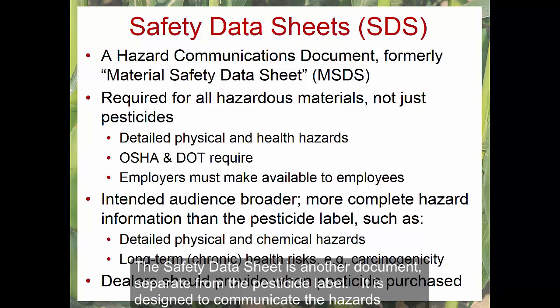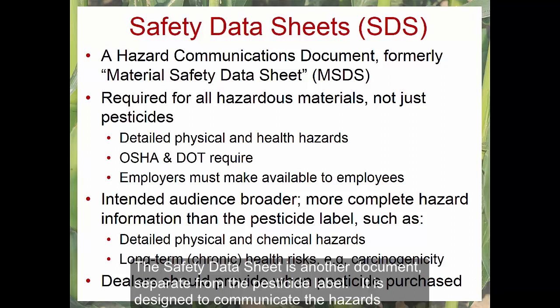So, in contrast to the pesticide label, which is written for the pesticide user, the SDS really has a much broader audience. What is on this sheet is very complete information on what the potential hazards of the substance are. So very detailed physical and chemical hazard statements.